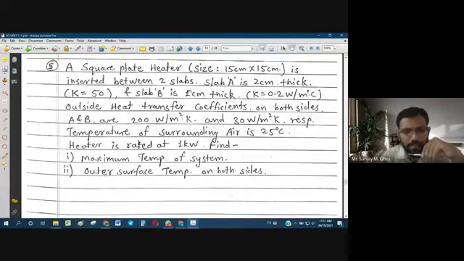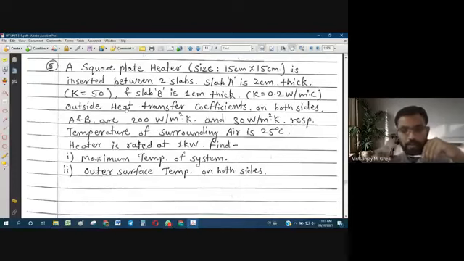There are two slabs, slab A and slab B, and the square plate heater is sandwiched in between these two layers. Slab A and slab B have their own thicknesses, and their conductivity values are also given.